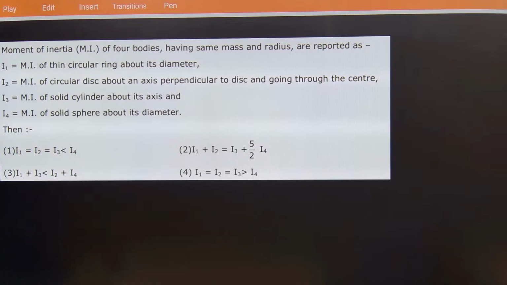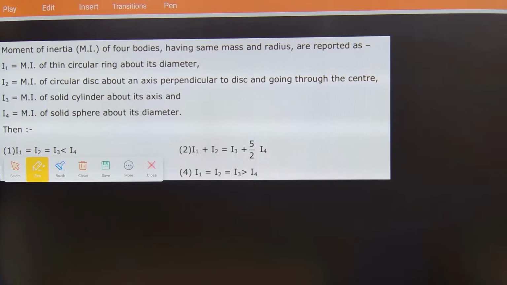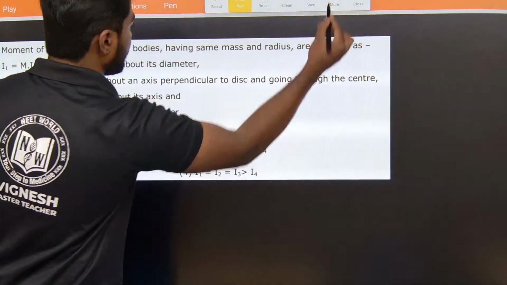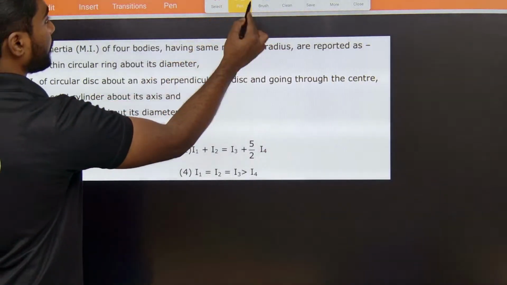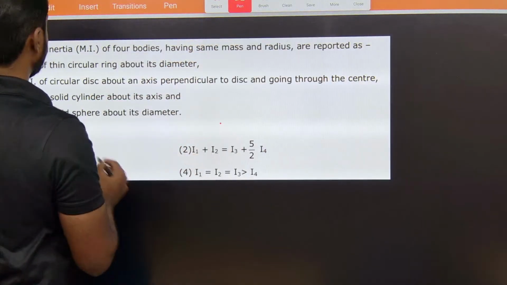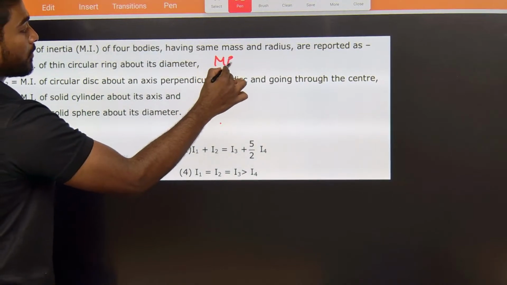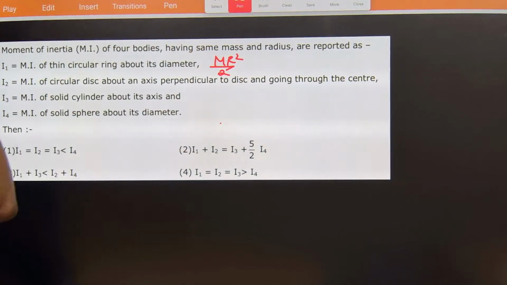So what are the moment of inertia of the first one? Thin circular ring about its diameter. I will write here only. So first one is mr square by 2. What about the next one?